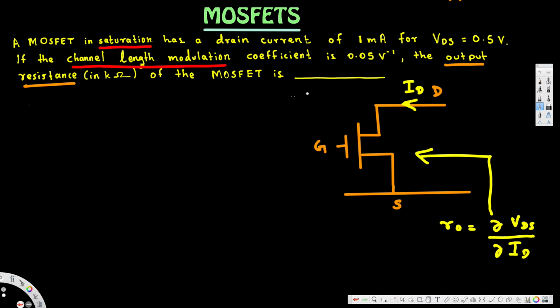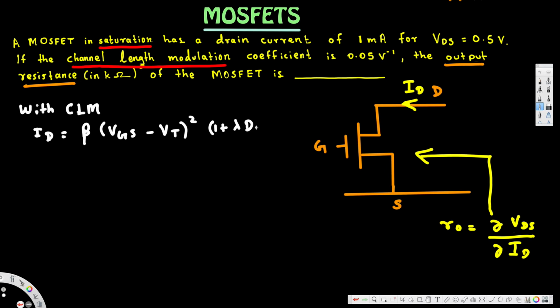With the channel length modulation effect, CLM, in saturation, the drain current equation is going to be ID equals beta times (VGS minus VT) whole square times (1 plus lambda VDS). So this is the equation for the drain current.